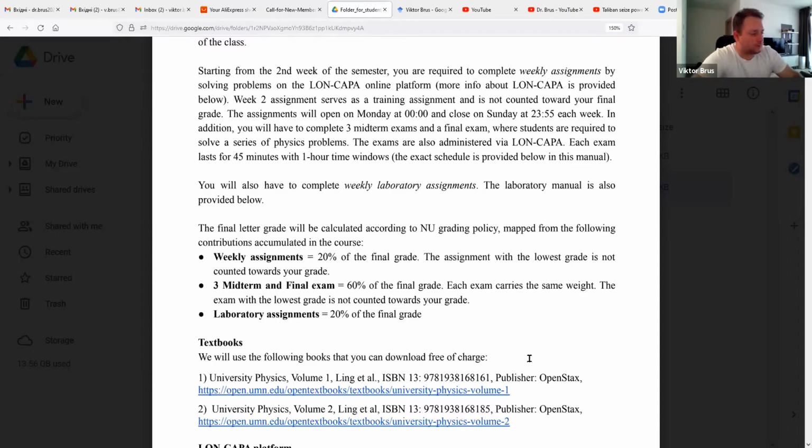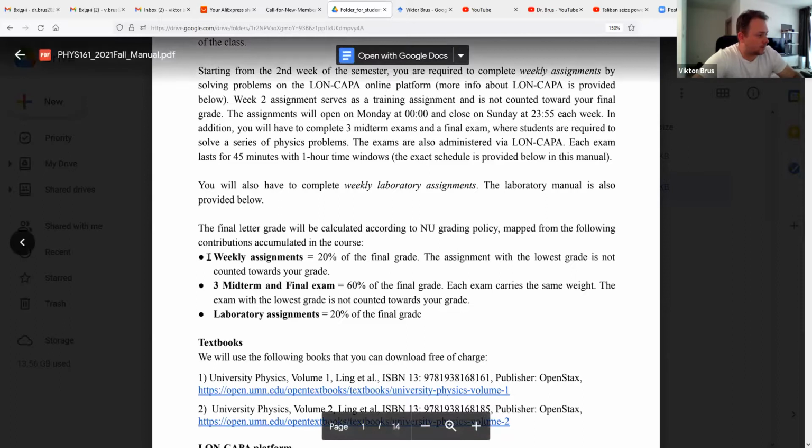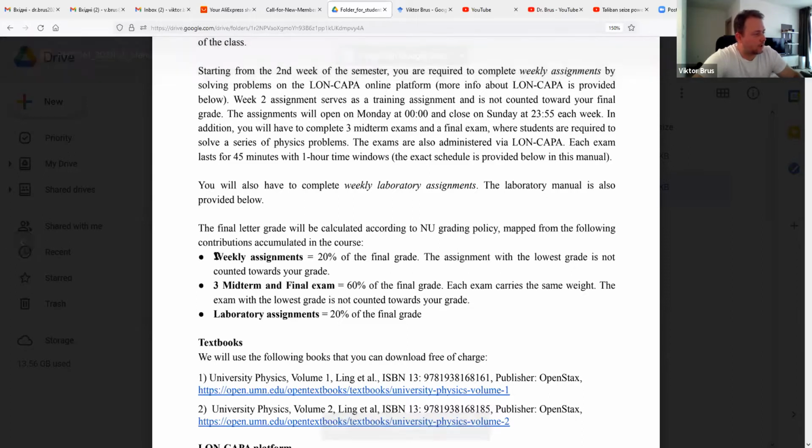There are 3 components, and as you may see here, the first one is weekly assignments.